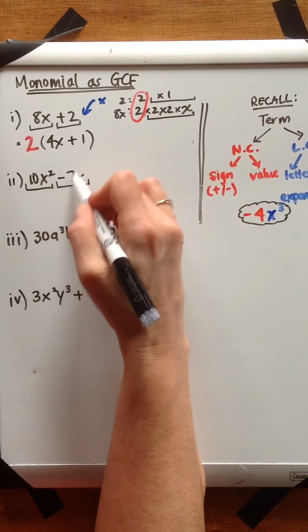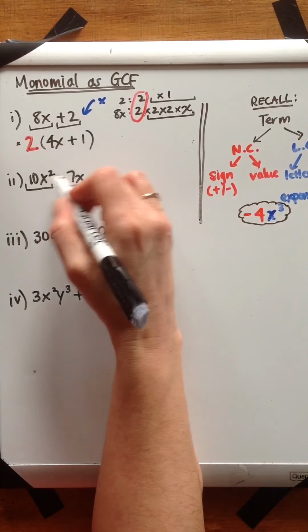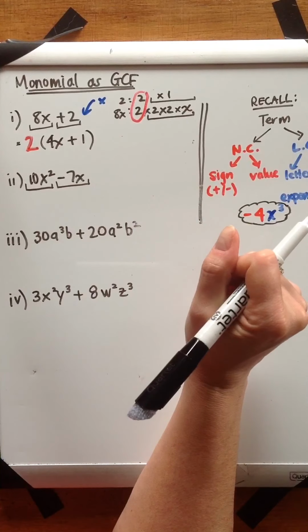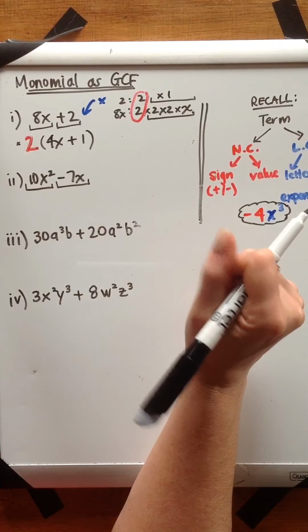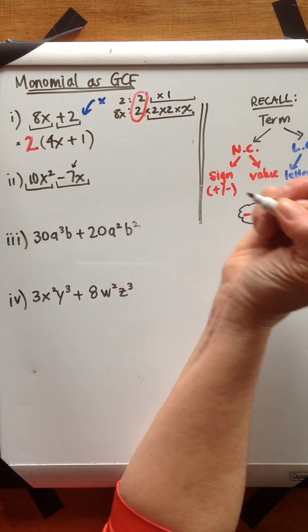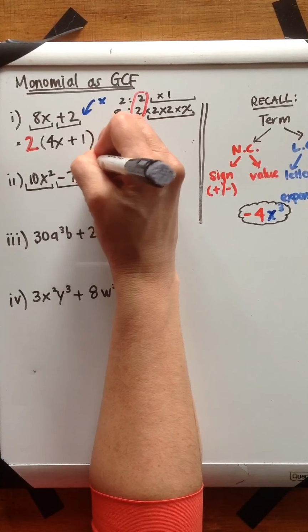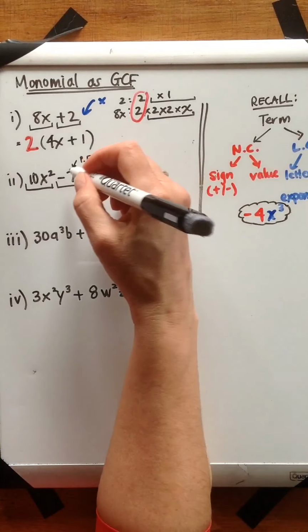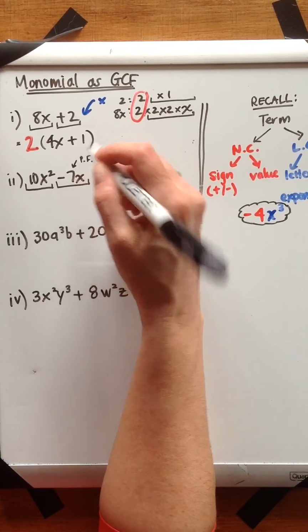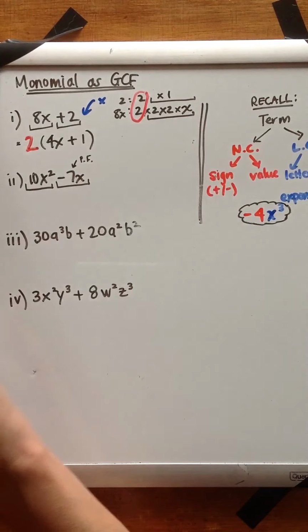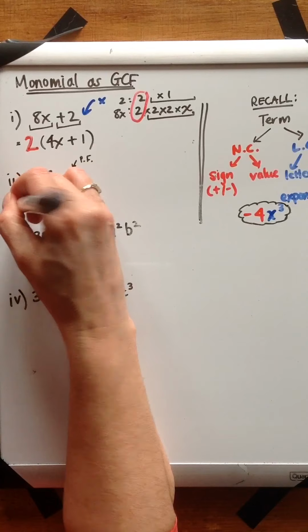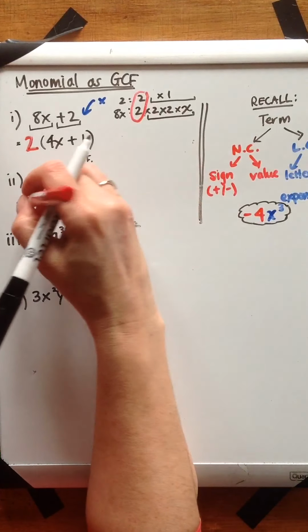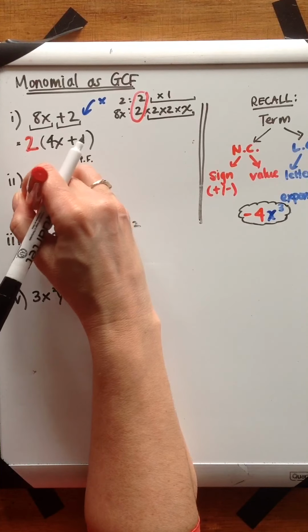So is there a number that divides into both 10 and 7? Well, the answer is no, because 7 is a prime factor, one that we looked at in a previous lesson. The only things that divide into 7 are 1 and itself. So numerically, the only value I can take out is a 1. So I'm going to show that.